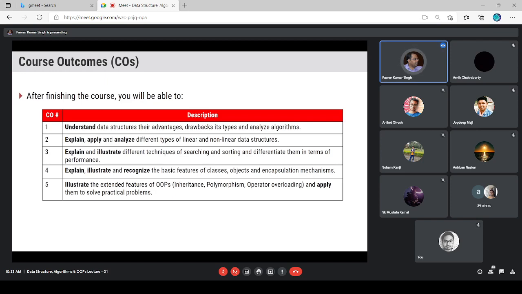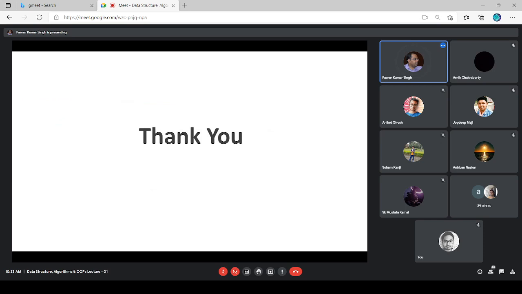That is we will see the basic features of the classes, objects, and encapsulations. And in CO5, finally, we are having just the 3 features: inheritance, polymorphism, and operator overloading. These 3 features of the OOPS, and we will see some programs, some practical programs. Okay, these are the 5 COs.